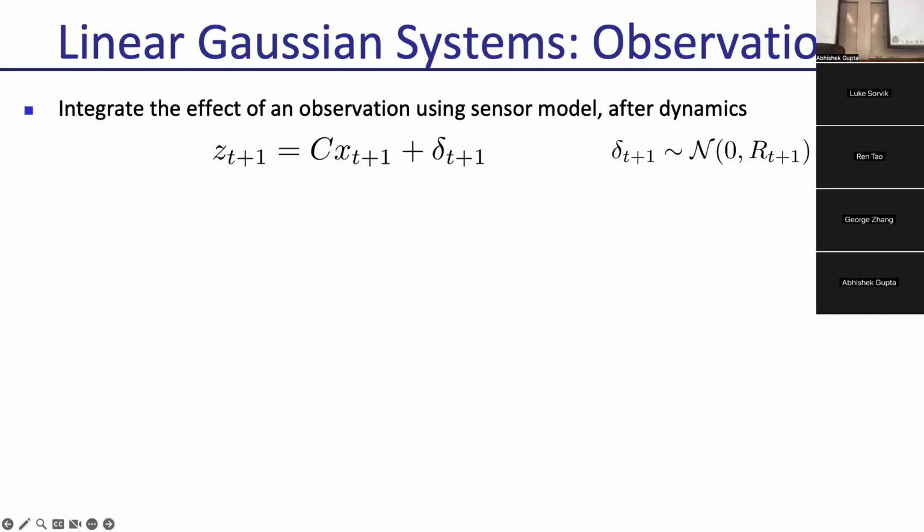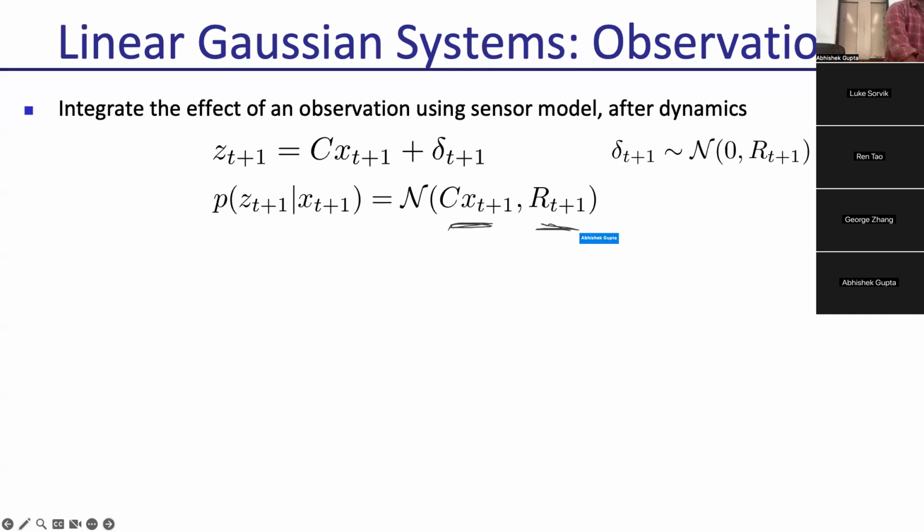So in the measurement model, again, your measurement is linear. So z_{t+1} is a linear function of x_{t+1} plus delta_{t+1}, where delta_{t+1} is again Gaussian noise, right? And you can kind of think of this as just a linear Gaussian with mean C x_{t+1} and variance R_{t+1}, right?